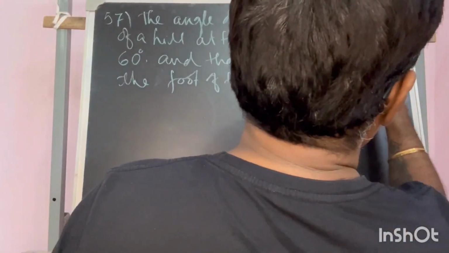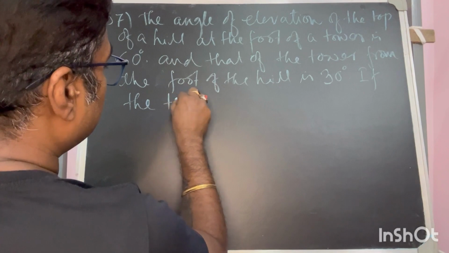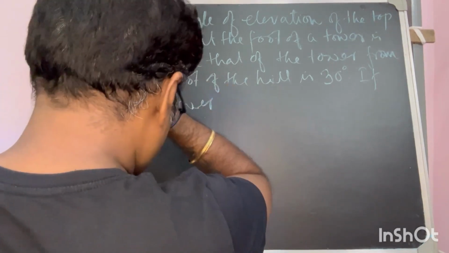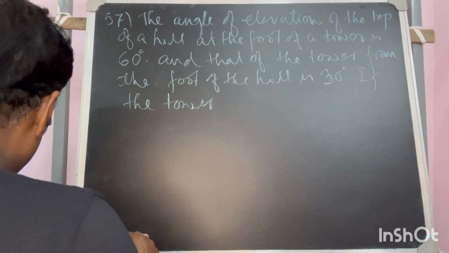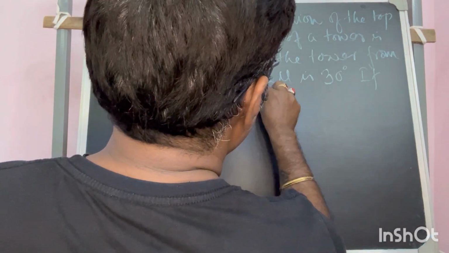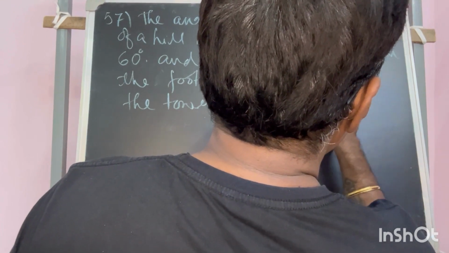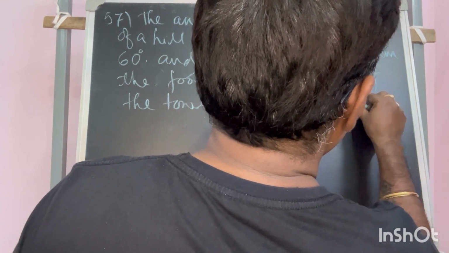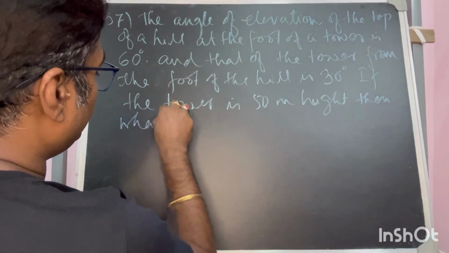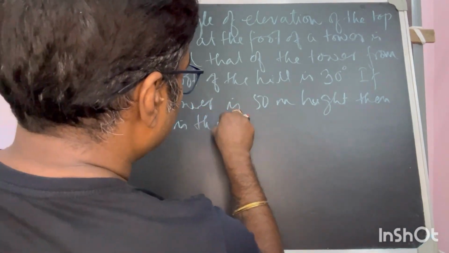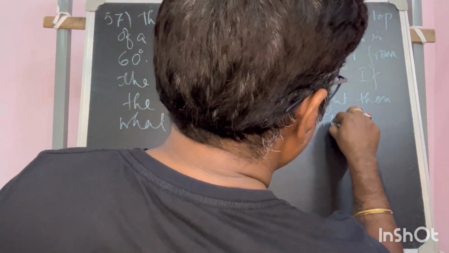If the tower is 50 meter high, then what is the height of the hill.